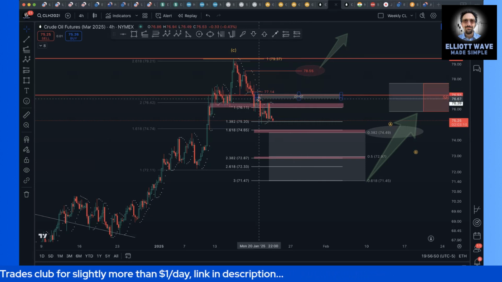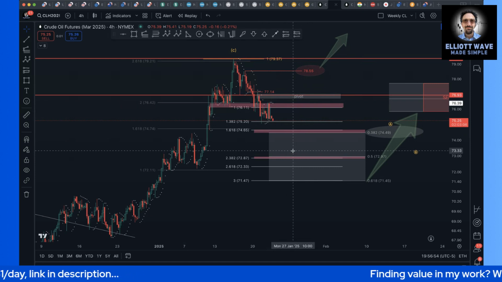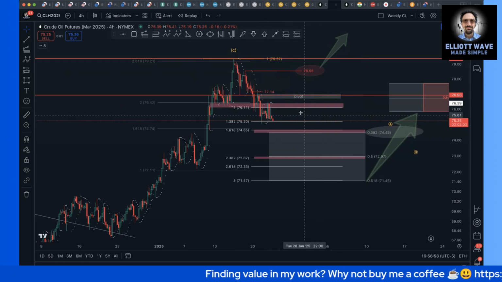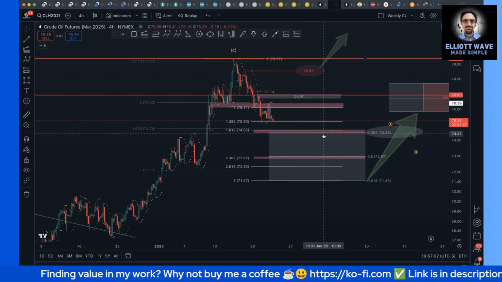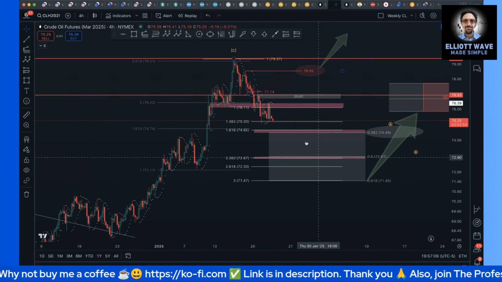If it extends further down into this area, then I'll allow it to be a wave 4 and come up correctively. It should not get anywhere near this pivot zone on that wave 4, and then give one more shove to come down. Wouldn't that be poetic if it just extends?